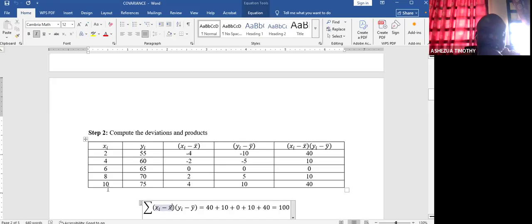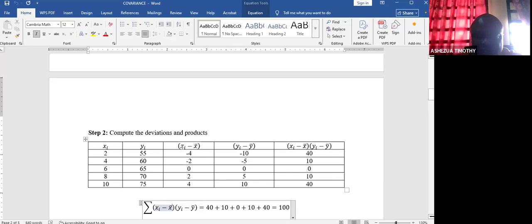These are all the values of x. Just like I told you, xi is simply 2 is x1, 4 is x2, 6 is x3, 8 is x4, 10 is x5. So you arrange all the values of x and all the values of y.